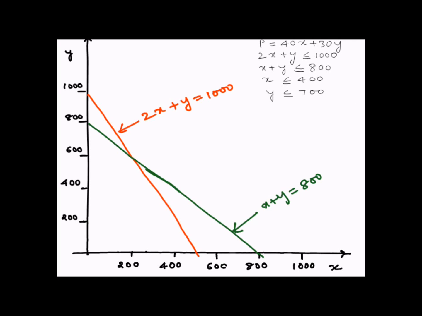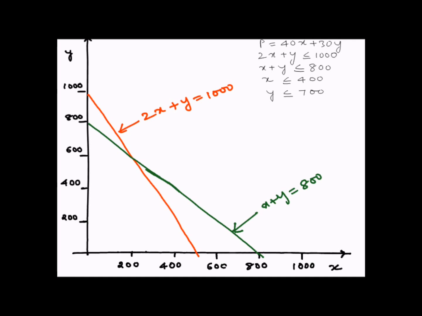Next line to be plotted is x is equal to 400. So this line doesn't have a y-intercept, or the coefficient of y is 0. So it does not intersect the y-axis. What that means is that this line is a straight line parallel to the y-axis with an x-intercept of 400.